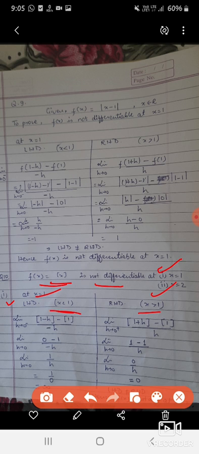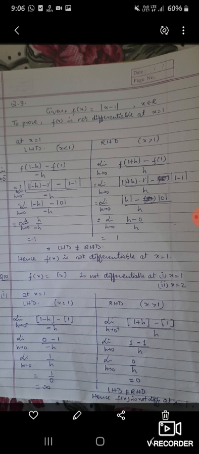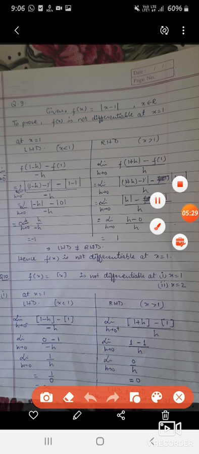And how this function came is important. We will put in this function, keep in mind, f(x) is the maximum integer of x. So what will be your f(1 minus h) and f(1)? We will put the value in f(x).